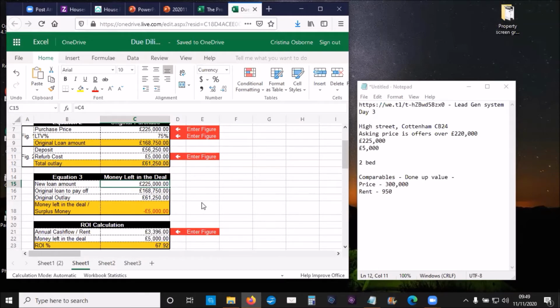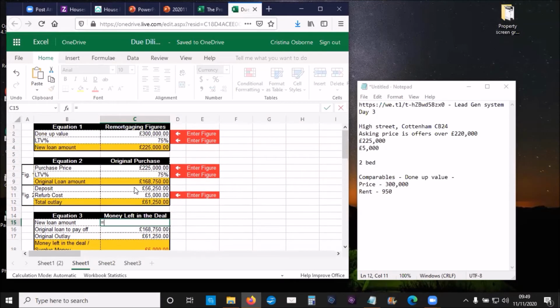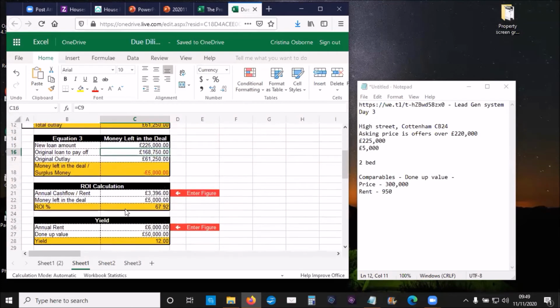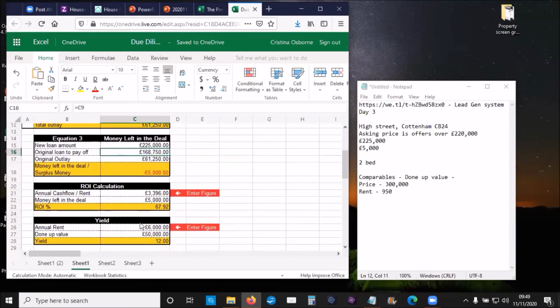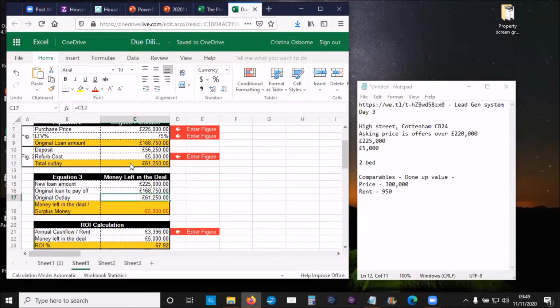Now we've got here the new loan amount. Original loan to pay off was this one, yes, 168,750. Original outlay was this one, 61,250.